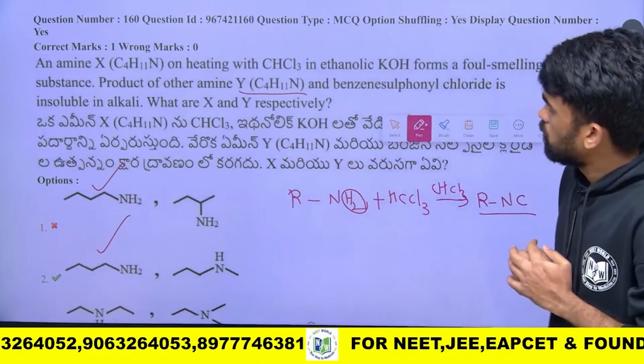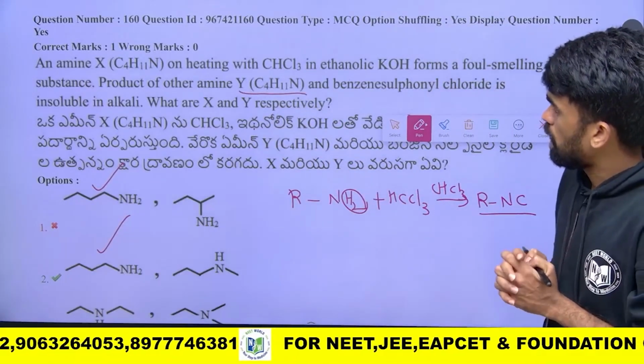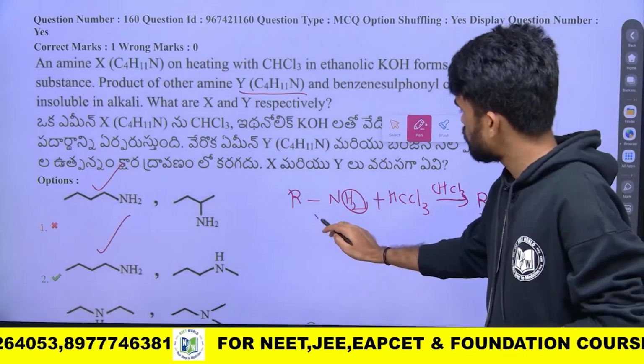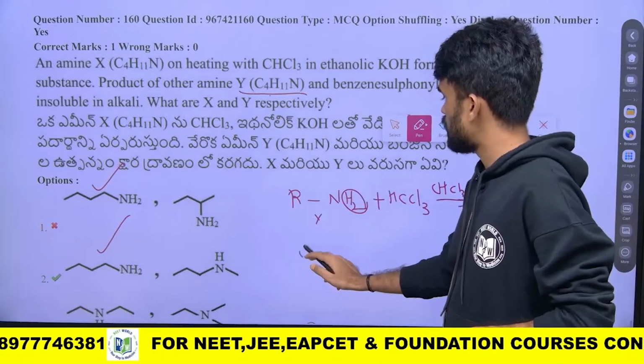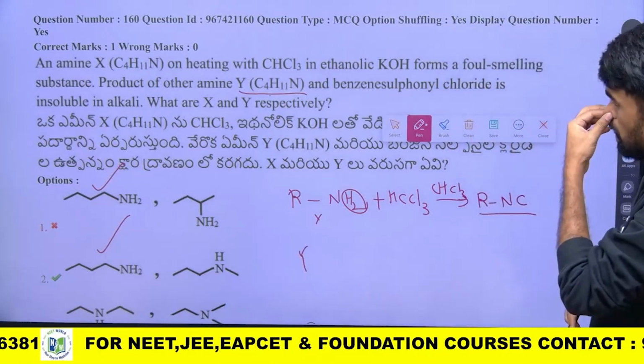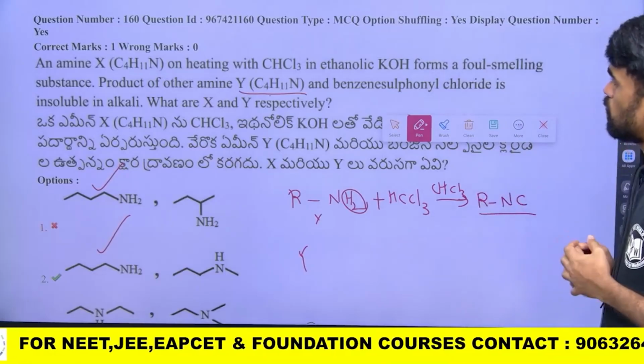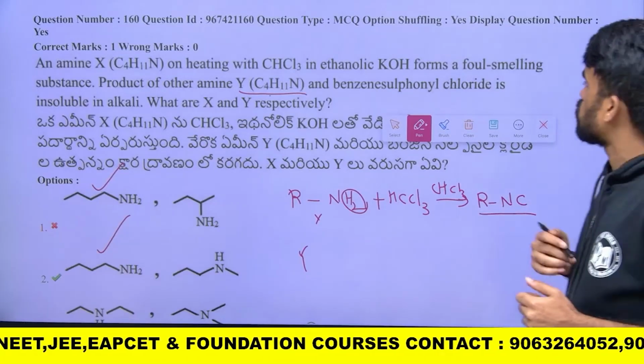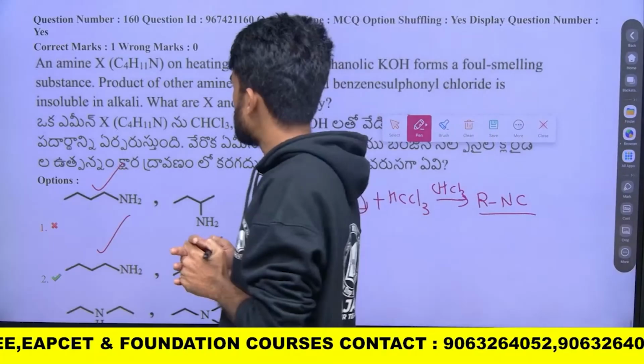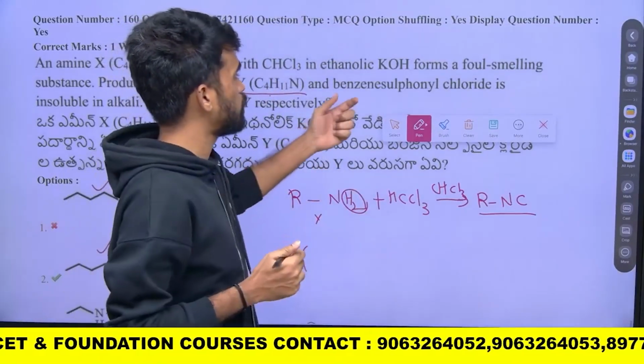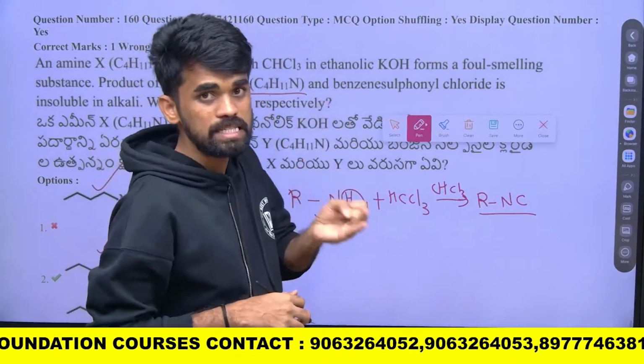Now the other amine Y, this is our X and Y means the other one they are saying, reacts with benzene sulfonyl chloride. Amines with benzene sulfonyl chloride is the Hinsberg test, which is given by primary and secondary amines.